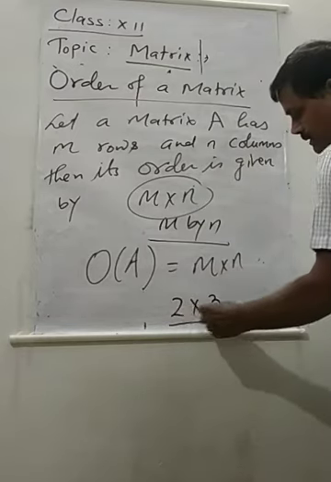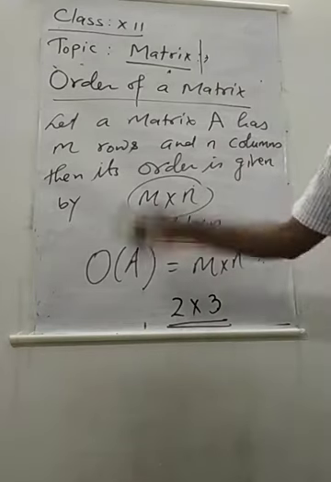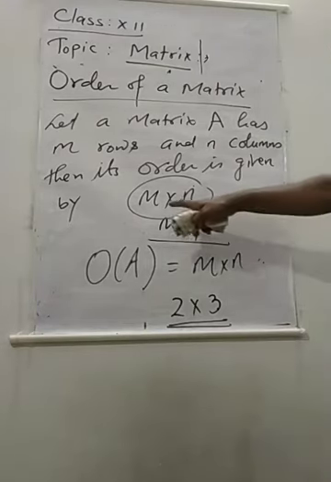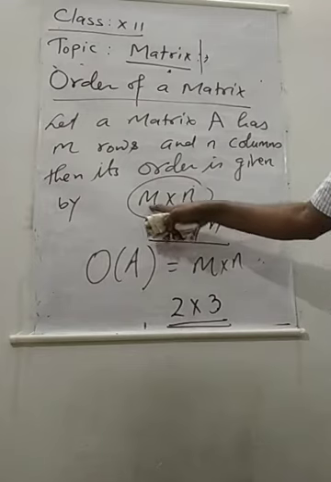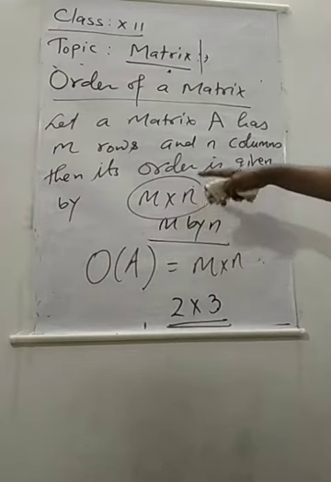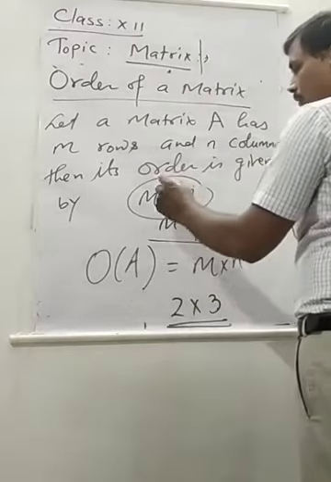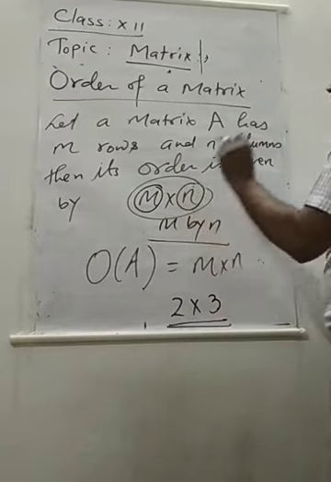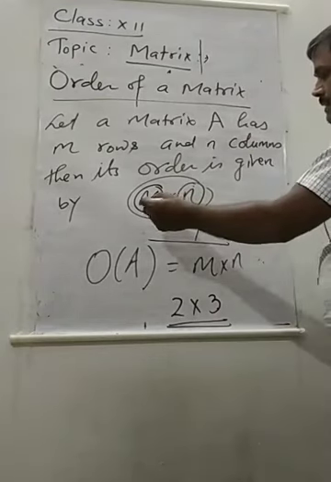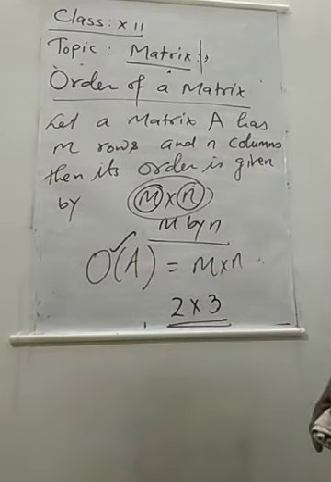So, in our previous example, 2 by 3 was the order of that matrix. So, is it clear? In the first place, the number of rows is to be written, and in the second place, the number of columns is to be written. There is no variation. Always these are the rows, these are the columns, and this product type of representation is called order of the matrix. Clear to all?